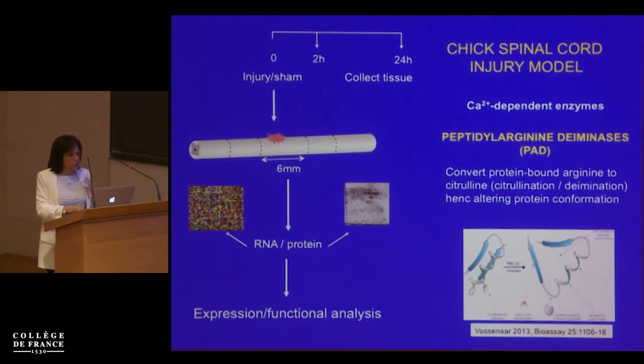And I'd like to briefly mention, because that links with some of the work we've been doing in humans, one of these molecules that we looked at. That is a family of enzymes called peptidylarginine deaminases that convert protein-bound arginine to citrulline, and so change the protein charge and its conformation.